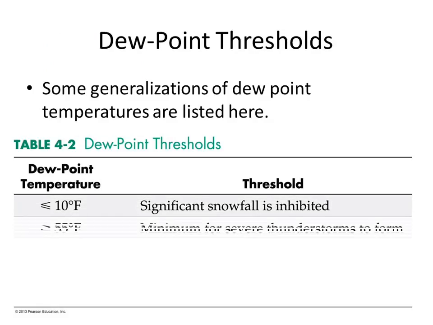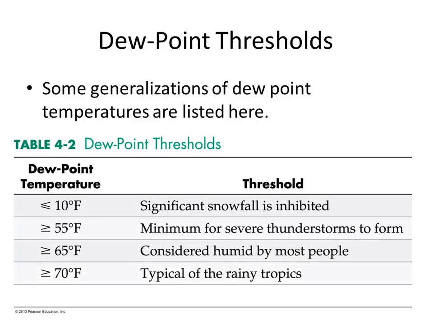This is along the lines of dew point temperatures and how you might be feeling about them. The dew point temperature right now is -7, so we're in relatively dry conditions. Remember that dew point temperatures are always lower than your current temperature.